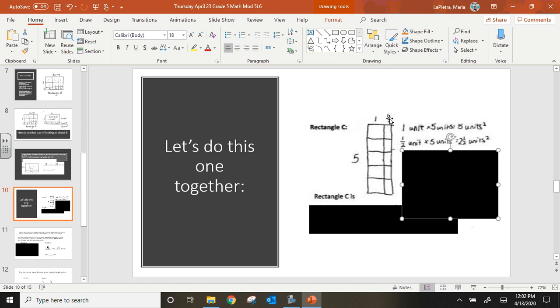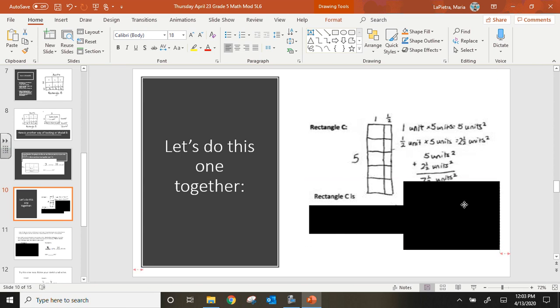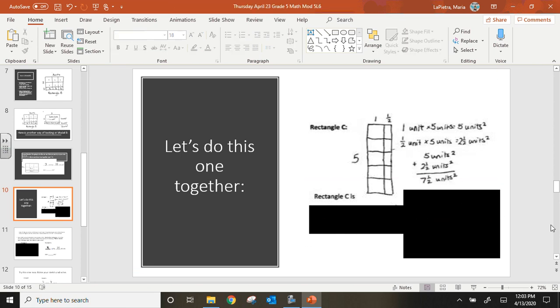A half times 5 is 2.5 units squared. And then we're going to take the two of them and add them together, and we're going to get 7.5 units squared.